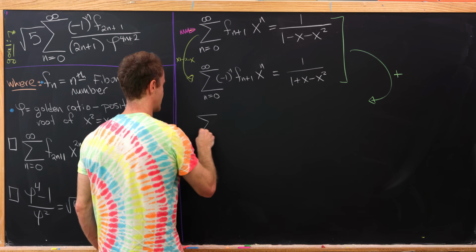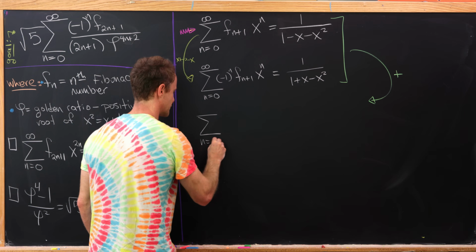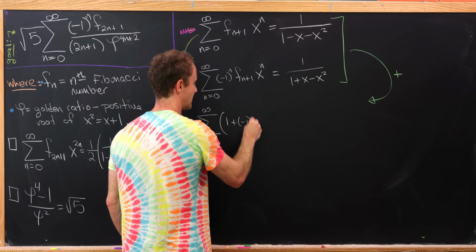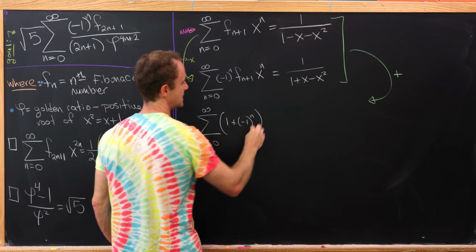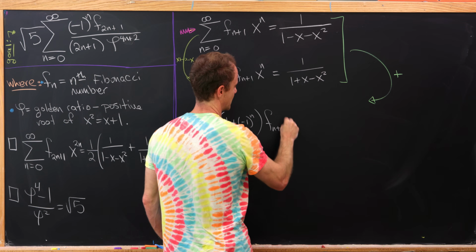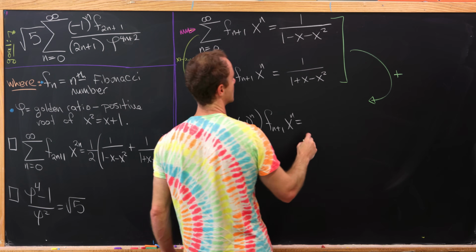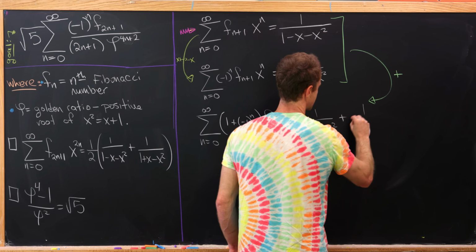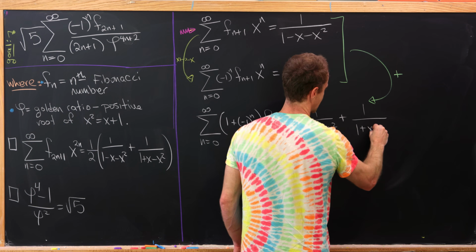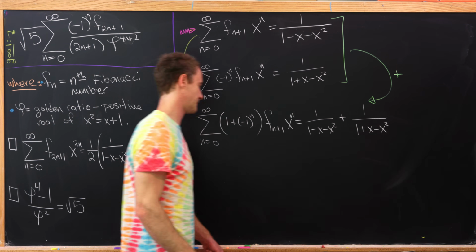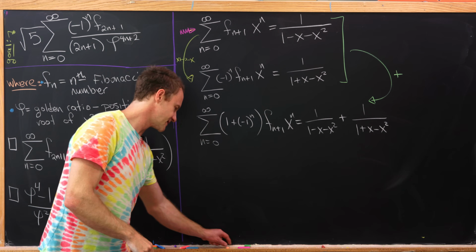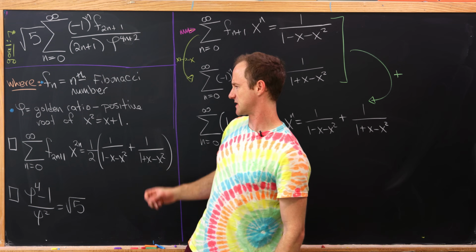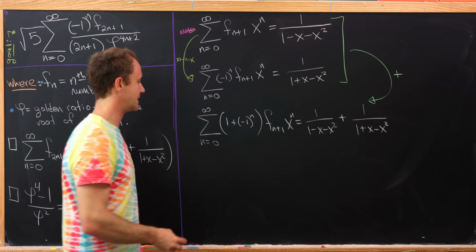So now we'll have the sum as n goes from 0 up to infinity of 1 plus minus 1 to the n times f sub n plus 1 times x to the n equals 1 over 1 minus x minus x squared plus 1 over 1 plus x minus x squared. But now you can probably see that we're getting very, very close to this first little goal that we had.